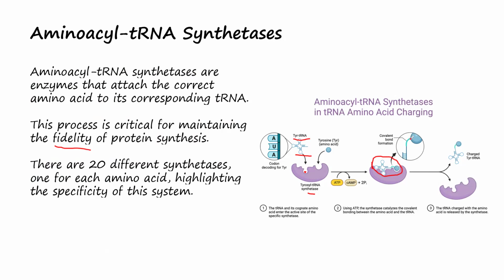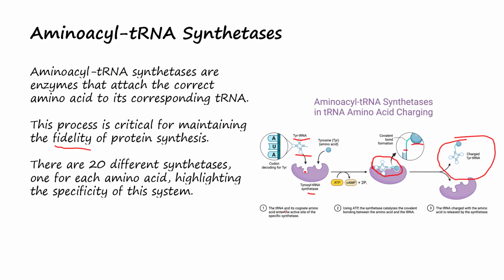And you see here there is a covalent bond formation between the tyrosine and the 3' end of the transfer RNA, and here you have a fully charged tyrosine transfer RNA. So this is what happens.